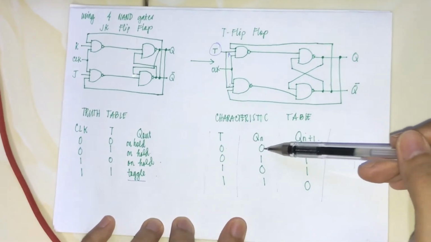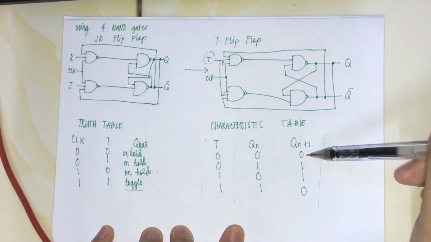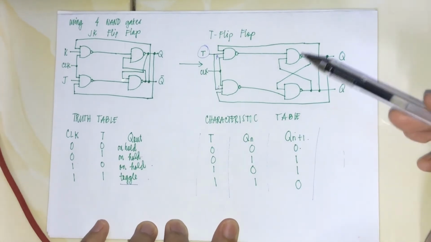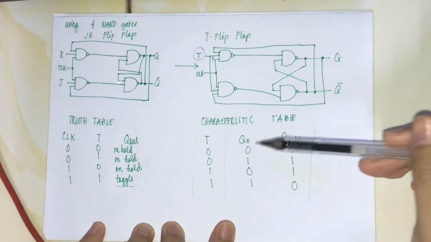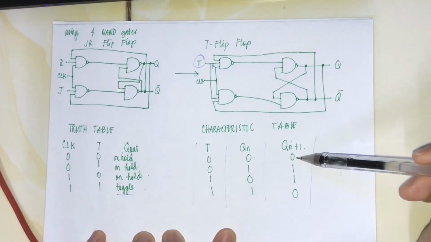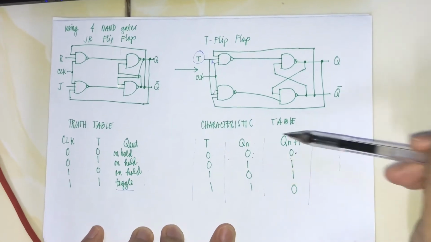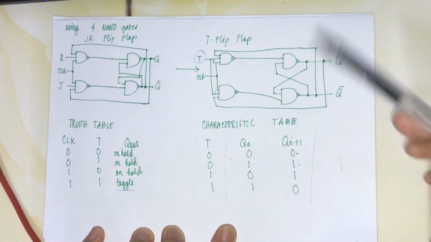And for the characteristic table, first, if our T is 0, the present value and the next value would still be the same with each other. So if T is 0, the previous value would only be copied by the next value. As seen here, if it is 0, then the next value is 0. If it is 1, then the next value is 1.